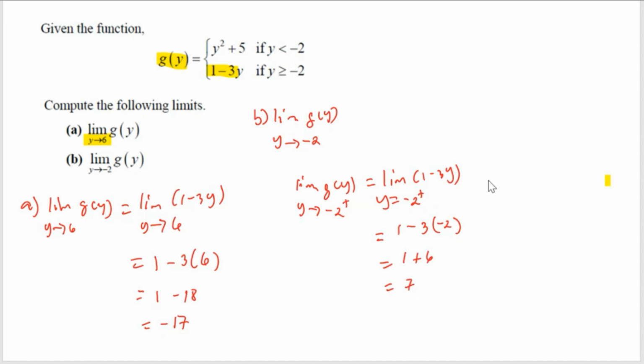On the other side, we have the limit of g of y as y approaches negative 2 from the left. Meaning to say, y approaches negative 2 from the left, so we're going to assume values that are less than negative 2.